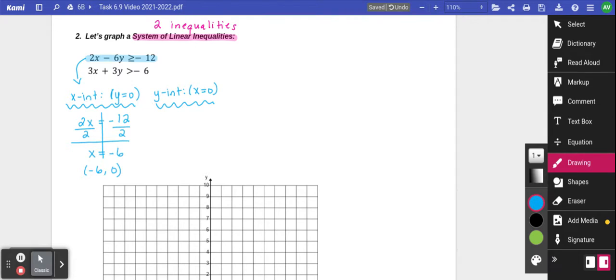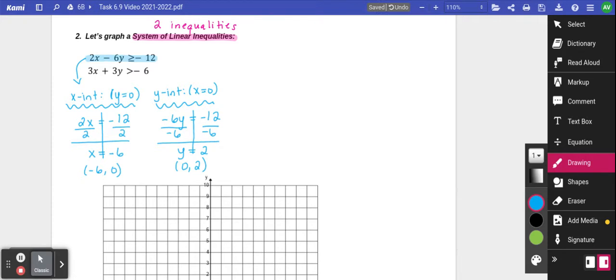Now my Y-intercept, I'm going to ignore the term that has an x. So I would have negative 6y equals negative 12. And I would divide by negative 6 on both sides. And that's going to give me y equals 2. So my Y-intercept would be 0, 2.